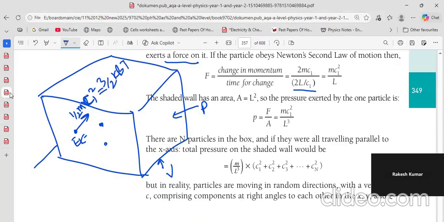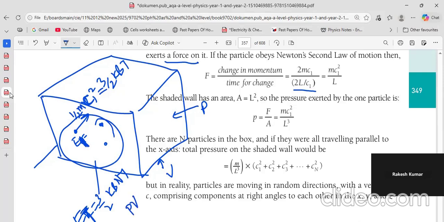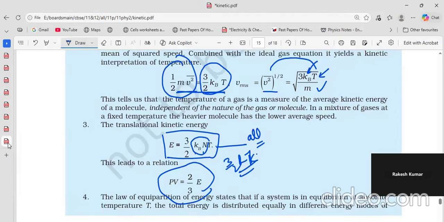Then you say the total energy is 3 by 2 kB into NT. Then you say this is the total energy, K of one particle, and you write total here. E total. Then you say that this E total is connected to PV.